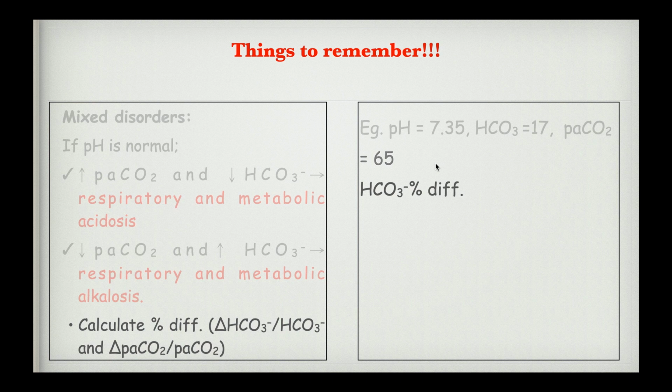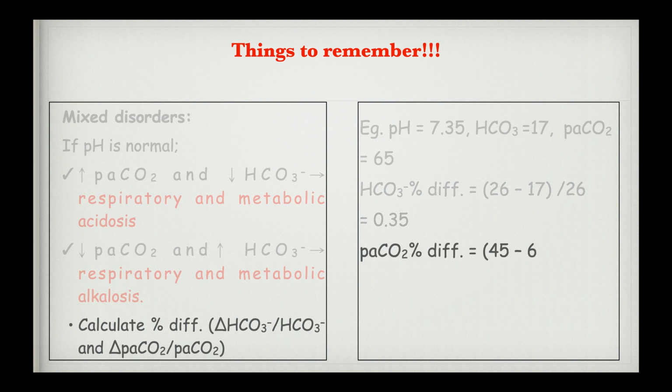And so in this case, the percentage difference in bicarbonate is you subtract the patient's bicarbonate, which is 17, from the normal value of bicarbonate, which is 26. Then you divide it by the normal bicarbonate value, which is also 26. And the answer we are getting is 0.35.